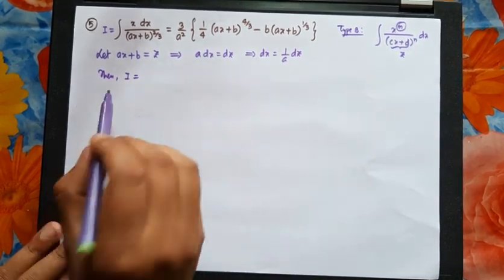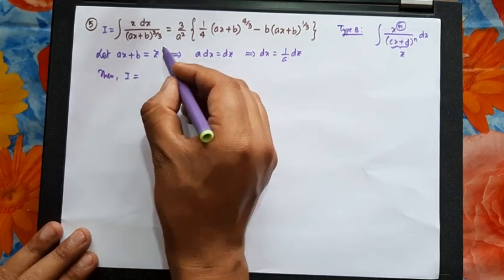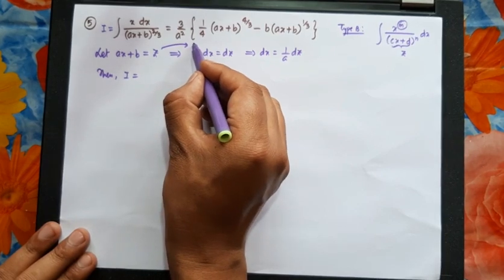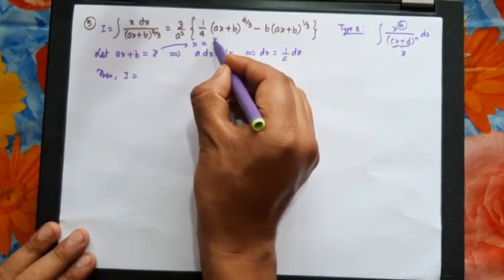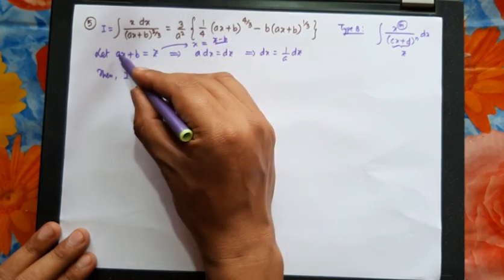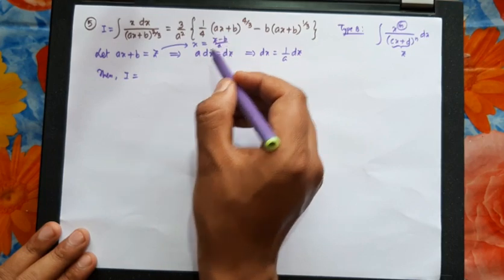Fine. So if I call this my I, then I will be equal to, let's see what is the value of x as well. From here we see that x is equal to z minus b whole divided by a.